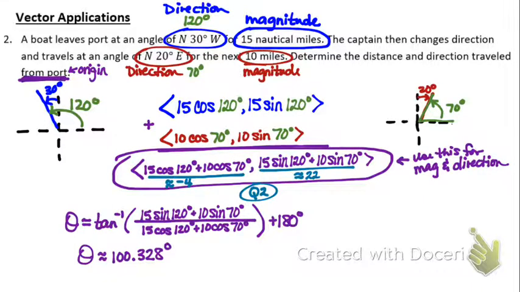Perfect. So that's theta. I know they want me to give this answer back as a bearing, though, because they gave me the angles as bearings. So I'm thinking about just a compass rose. We're in quad 2, right? 100 degrees is like right here.